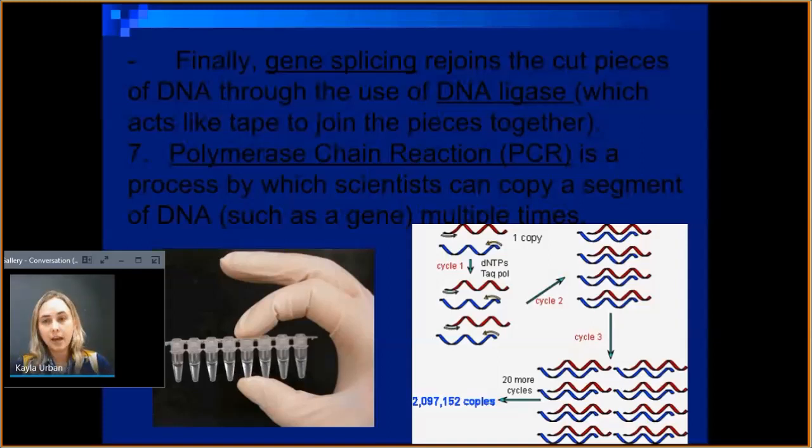After 30 times of doing that, you can take like one strand of DNA and end up with over 1 million copies of it. You can get a lot very, very quickly.